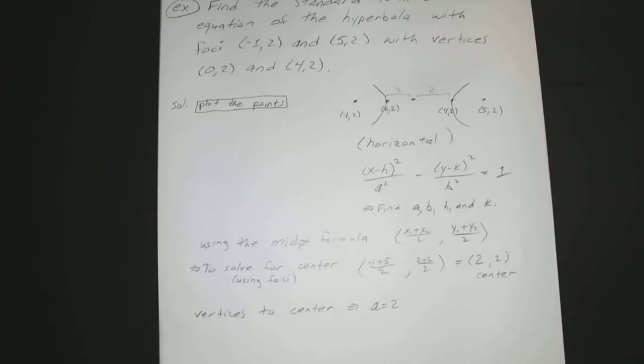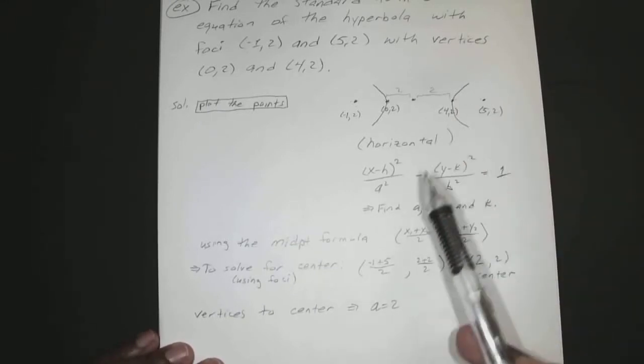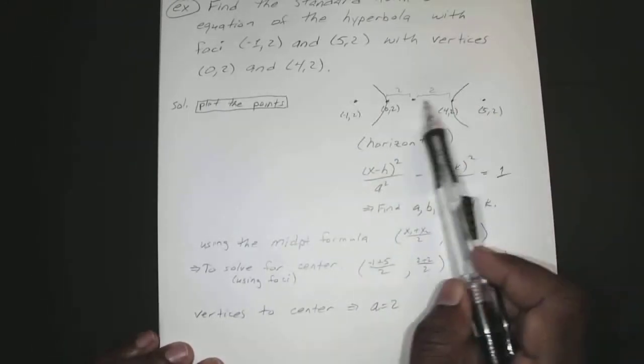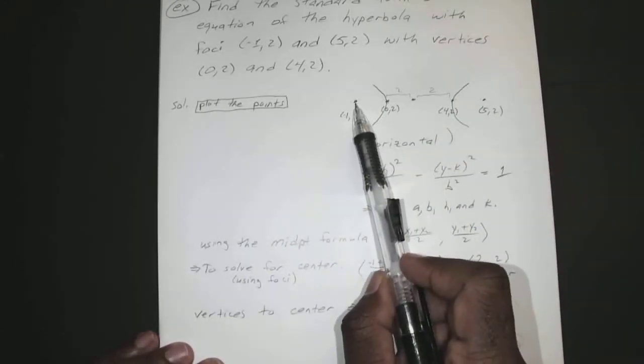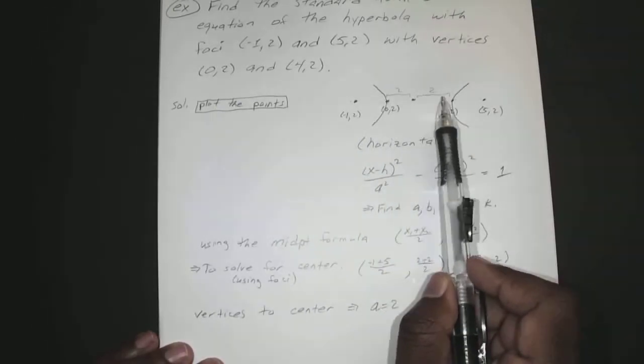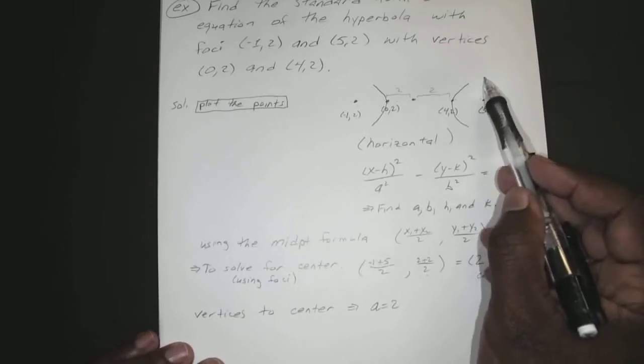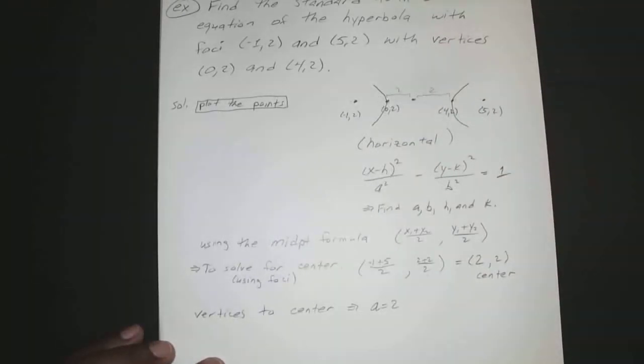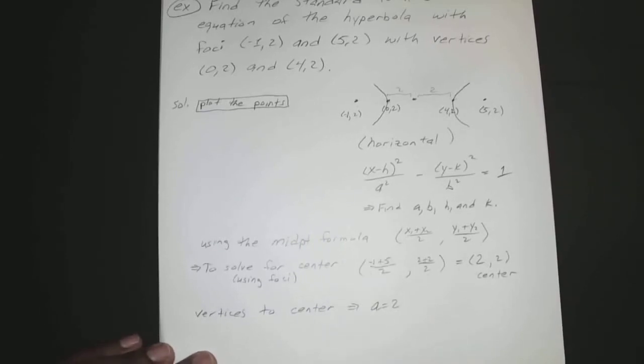Okay. Now, if you want to go the distance from the focus points to the center, you just get the distance between the two. So you have -1, 0, 1, 2, 3, 4, 5. So that total distance is 6. You divide that by 2, you have 3. Or if you wanted to, you could use the midpoint formula again.